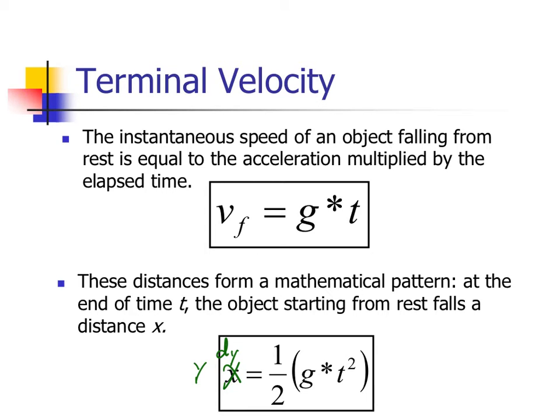Well, the initial velocity, if you drop it, is going to be 0. If you throw an object up in the air, at the top of its apex the velocity is also going to be 0. And so sometimes we use that as a means.